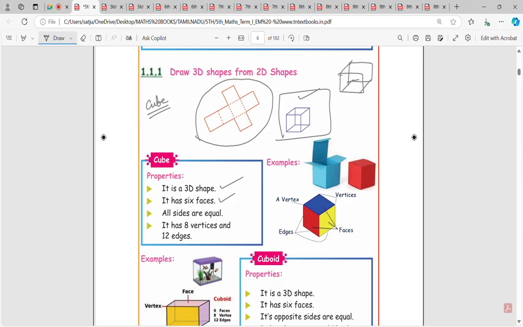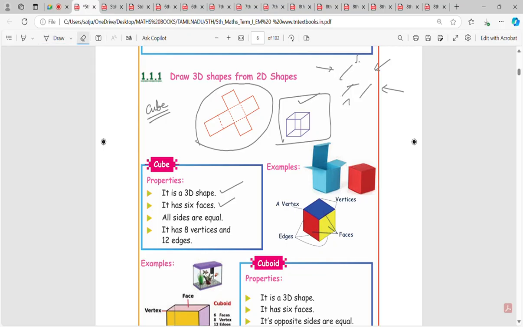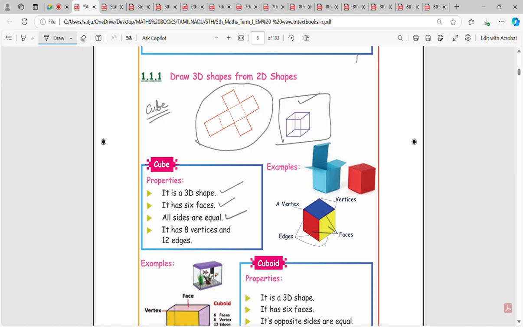This is the cube, which means there is a front side and a back side, this side and this side, and top and bottom. So a cube has 6 faces. In a cube all the sides are equal, and this is very important: it has 8 vertices and 12 edges.